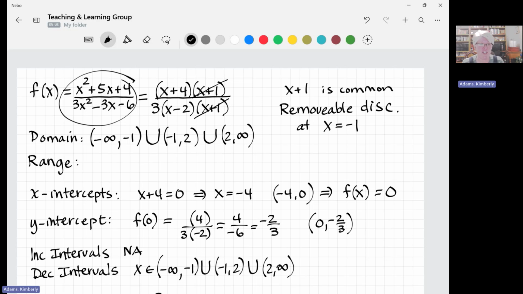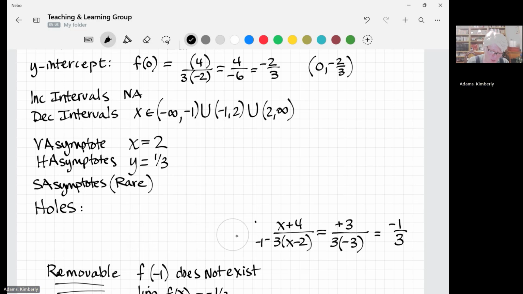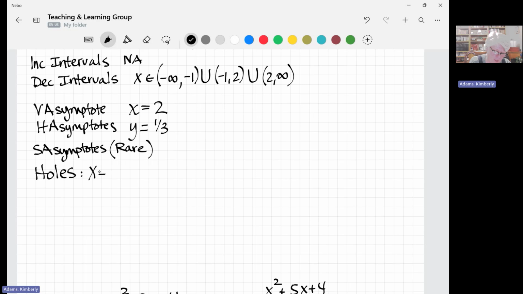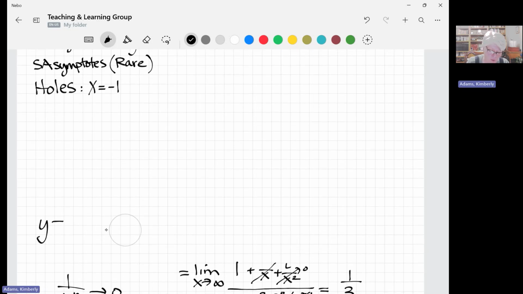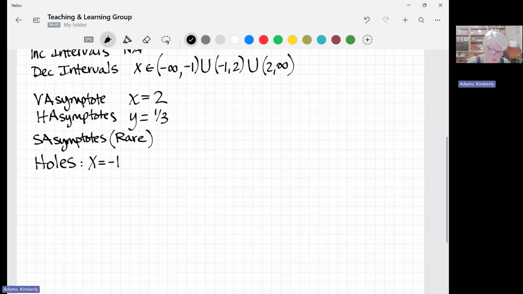So now I'm ready to sketch my curve. I'm ready for the exciting part. We know where the hole is. There's a hole at x equaling -1 because it factored and removed. And now I'm going to use my little graph paper here to get us a decent sketch.